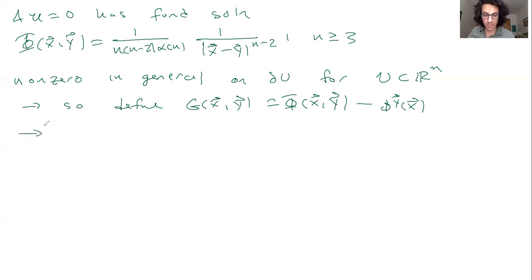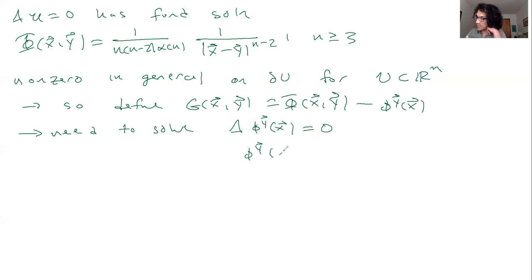So this means that we need to solve the following PDE for little phi. It's going to be given by Δφ = 0, and then little phi needs to equal, call it big Φ(x,y) on the boundary.